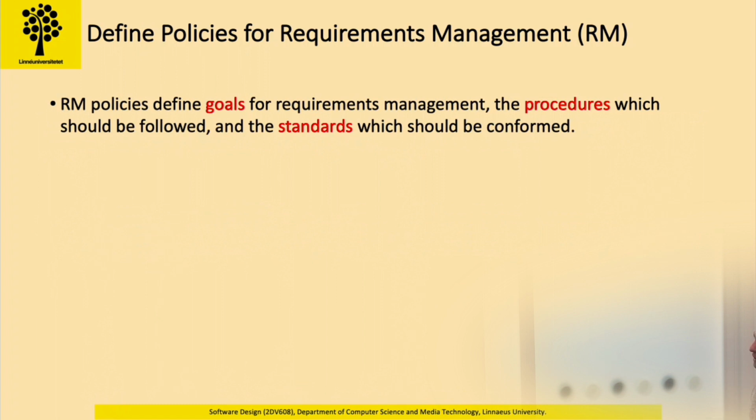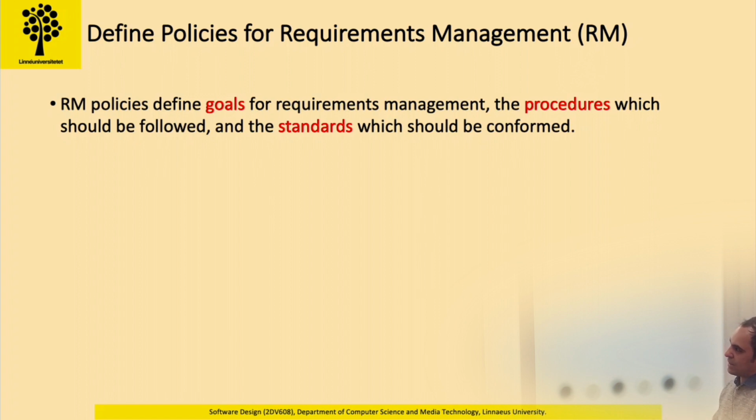So the goal of defining policies for requirements management, since you should have a policy in an organization or in a department or in a faculty or whatever, is to achieve some goals. And policies are nothing but a set of guidelines or actions that you want to perform in certain situations.